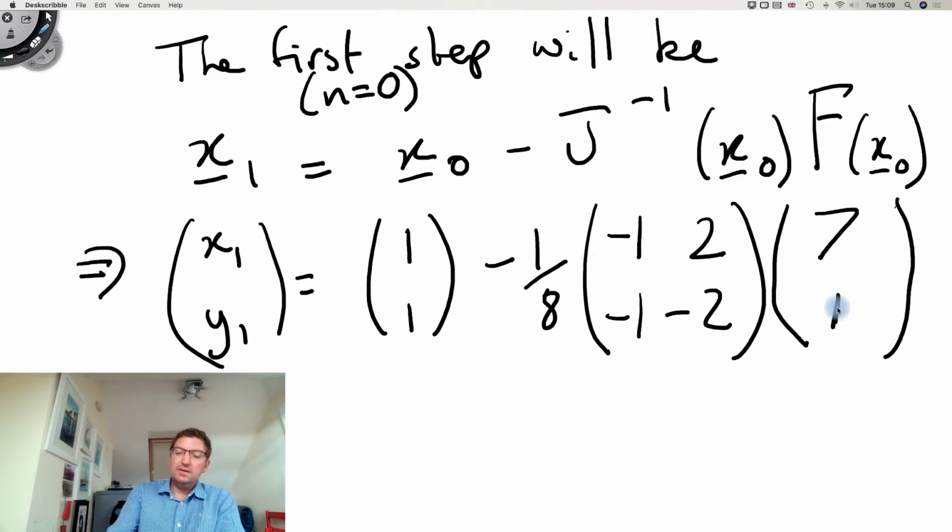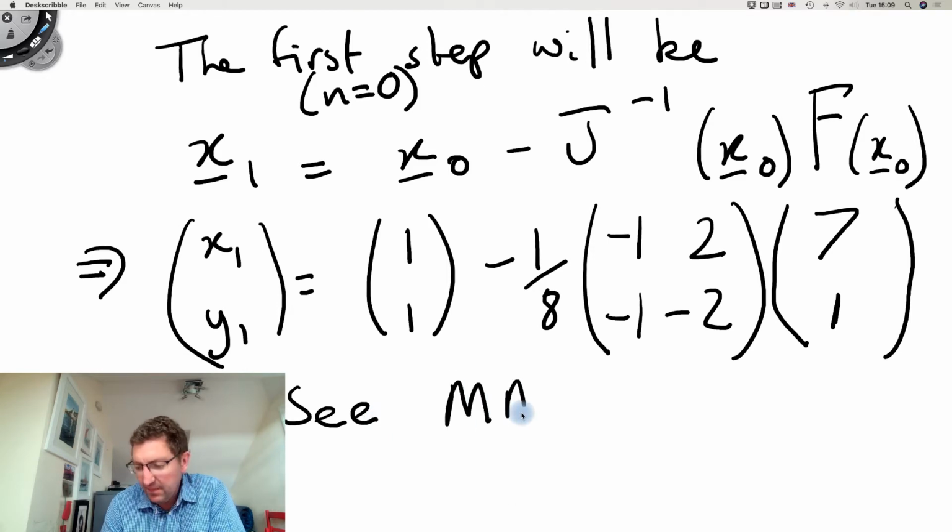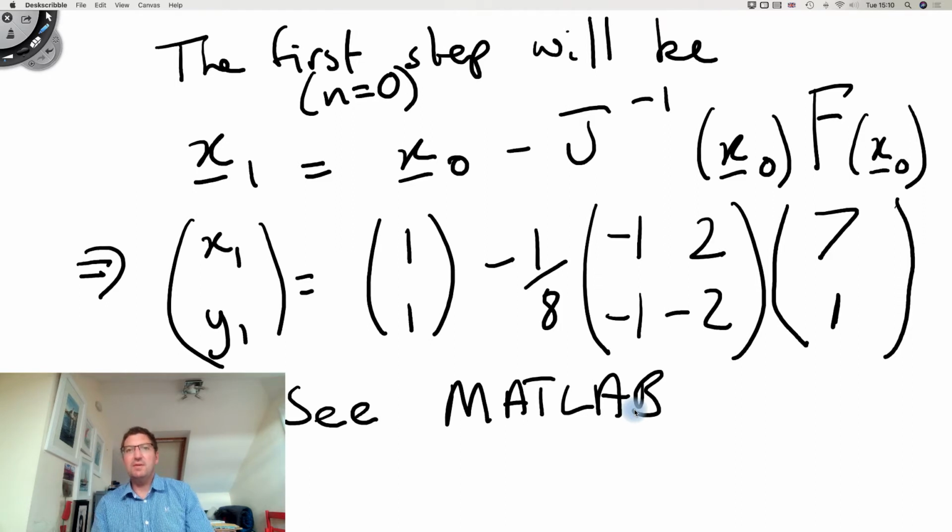Now we're going to use MATLAB to help us with this going forward. That's the essence of it. We're navigating around in XY space using our Jacobian to find the root of two functions.